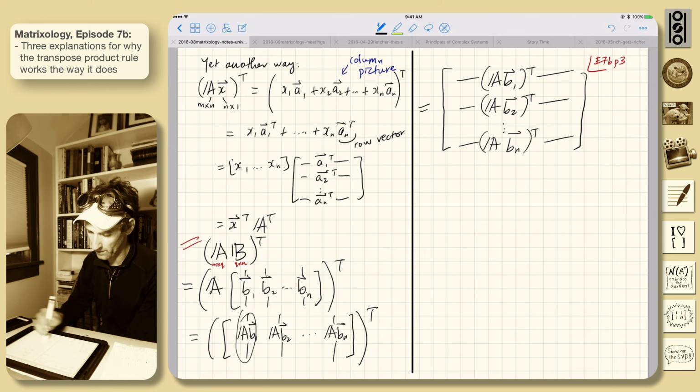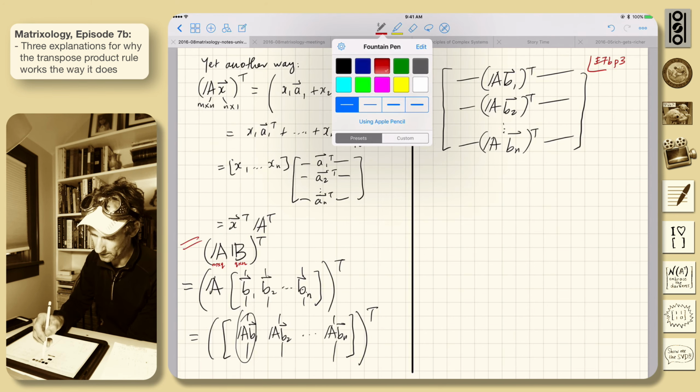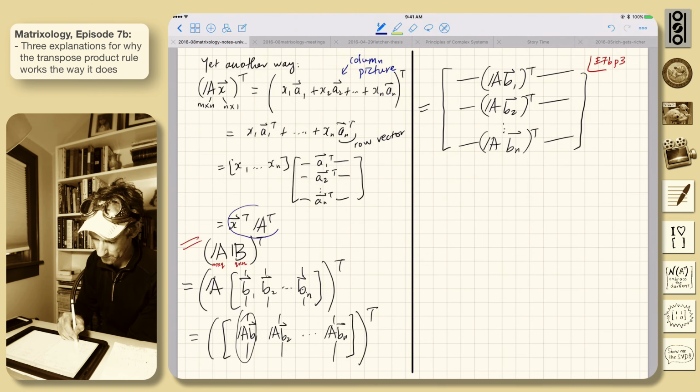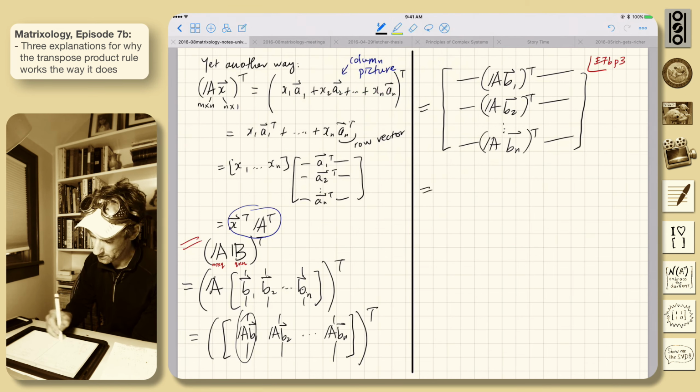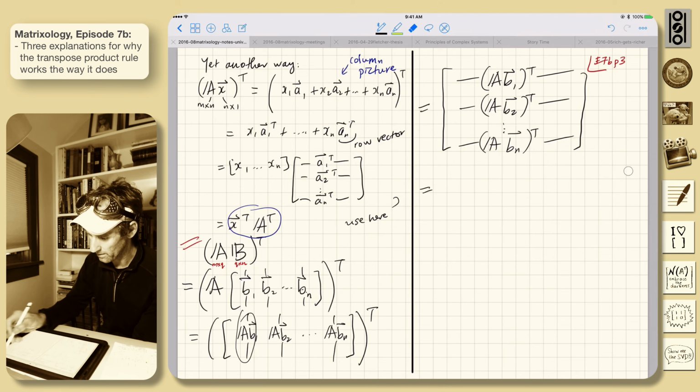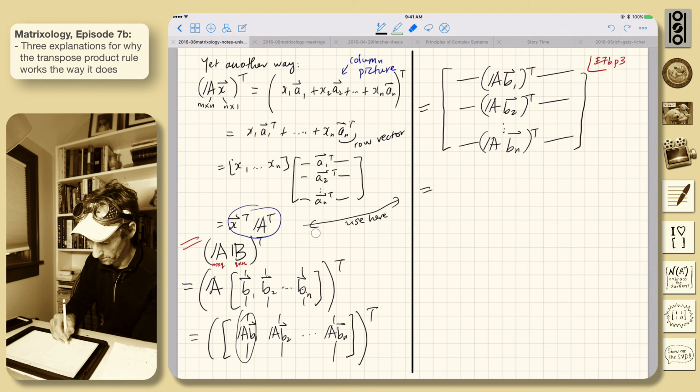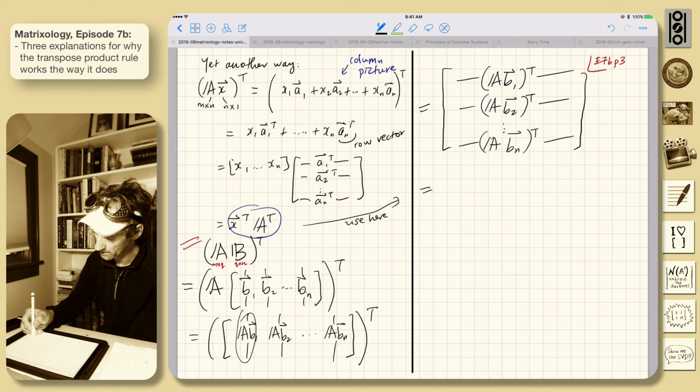That's right. And then we know something about this result. That's why we did this one before. If we take the transpose of A times a vector, then that flips. So let's use that here.